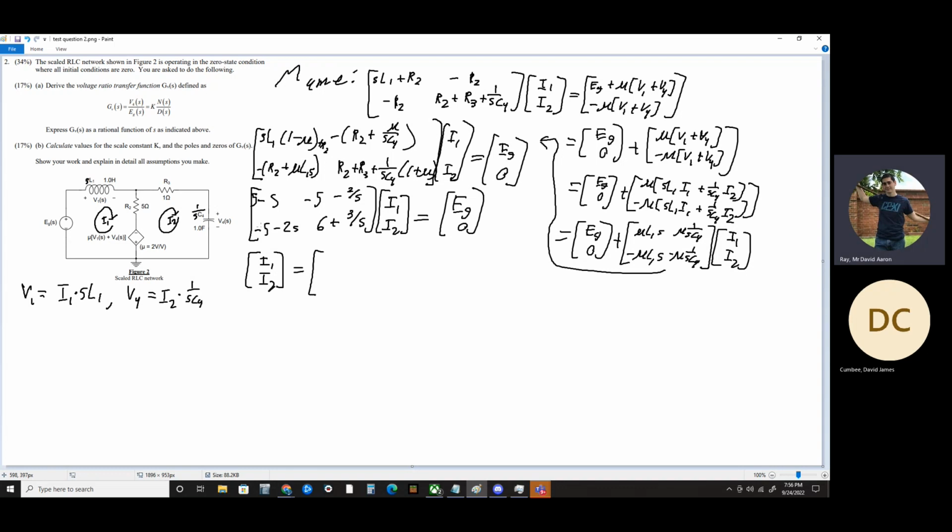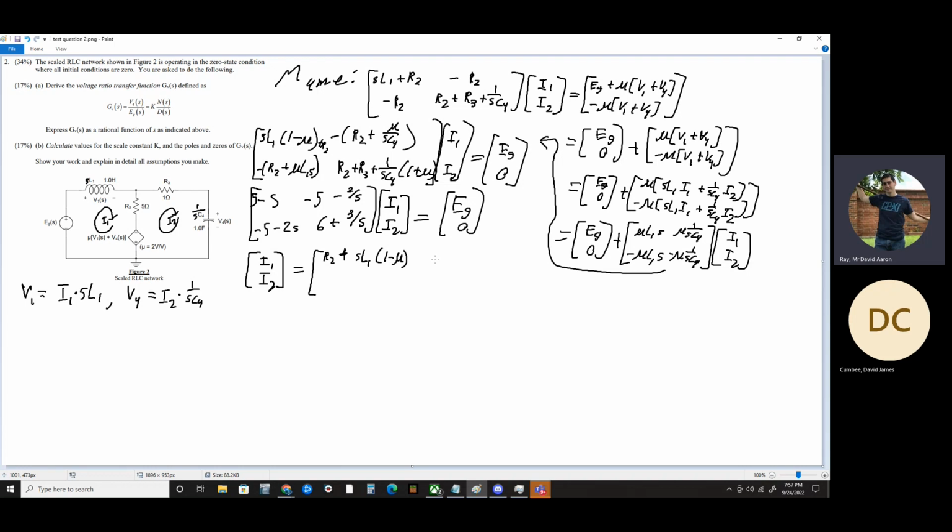Let's see. So R2 is 5. The final matrix is supposed to be R2 plus SL1 times 1 minus mu, which looks like what I have.